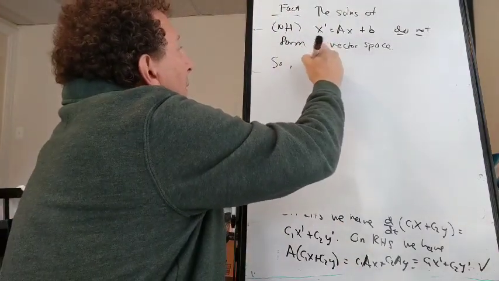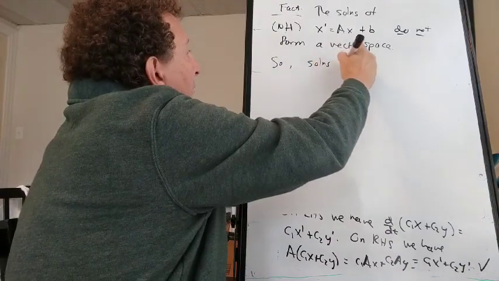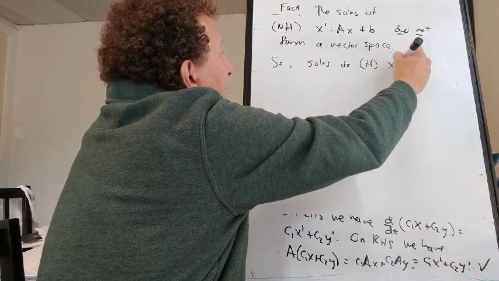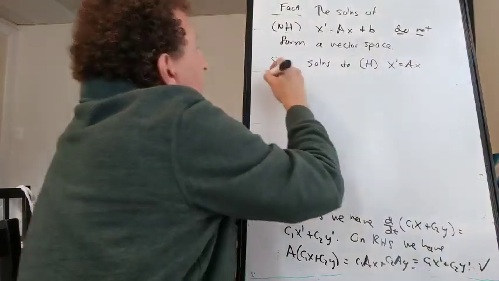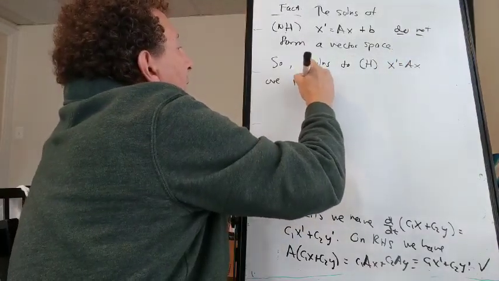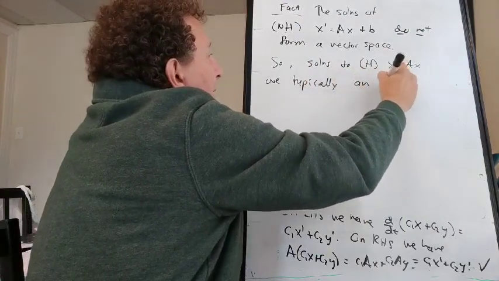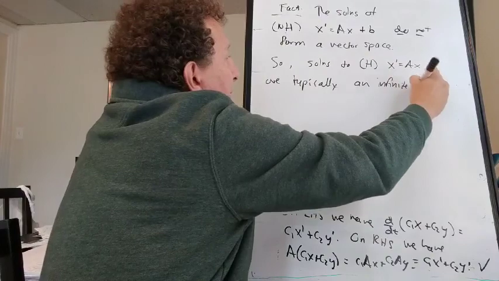So the solutions to a homogeneous system, x prime equals Ax, are typically an infinite vector space.